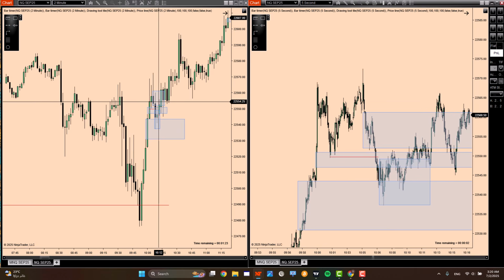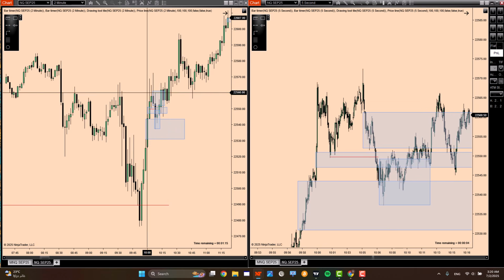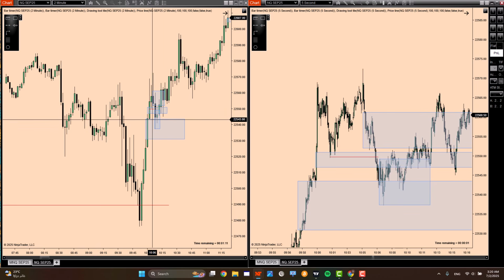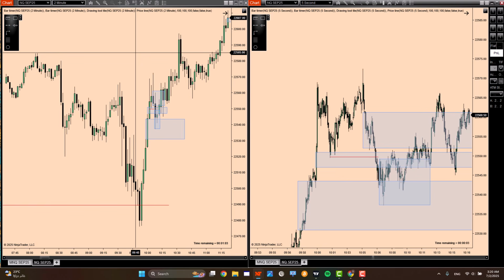Now of course you need context with this. You need to build the context first on the higher time frame, and you have actually a reason to trade to the upside. So what happened before in order for you to believe that price is going to reject from here, print that structure shift, and trade to the upside? So do we have something on the upside?